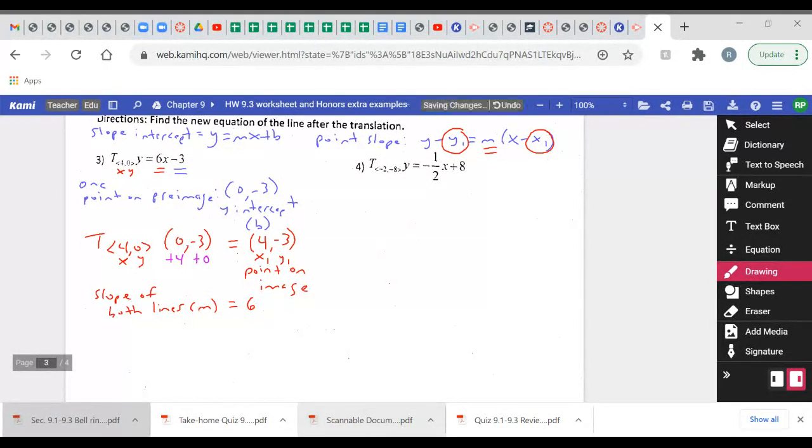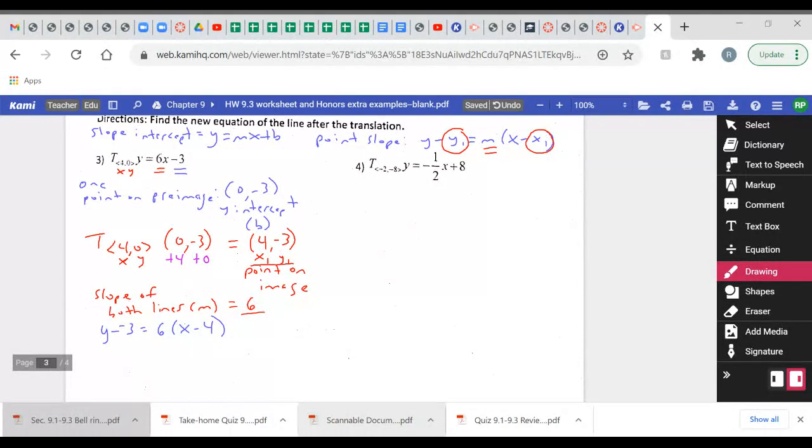Here is our x1, y1, and here is our slope. So that's what's getting plugged in. So I can say y minus y1, which is -3, is equal to the slope times x minus x1, which is 4.